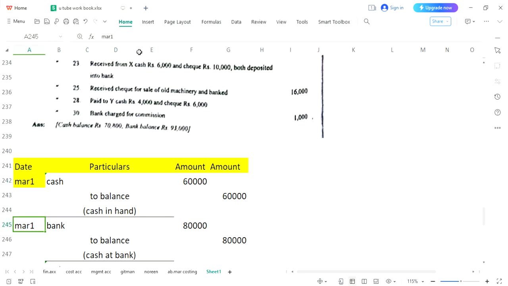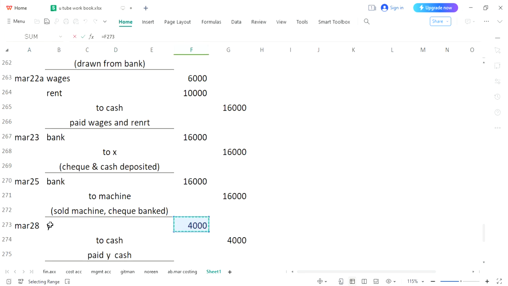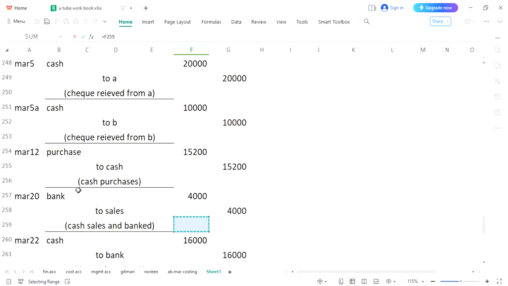Now we will see again March 1, and we may write it as March 1A, so there must be a little difference. March 1A, bank is debit. So here we will put the date March 1A, where we can see that bank is written on the debit side.